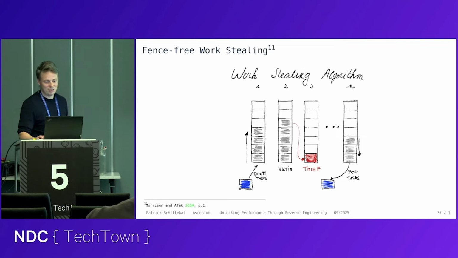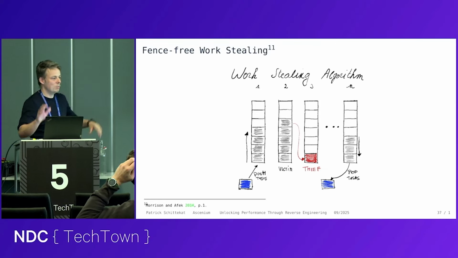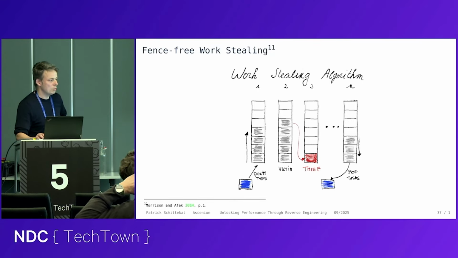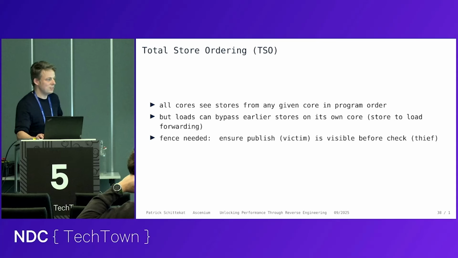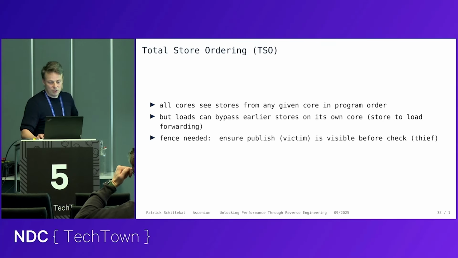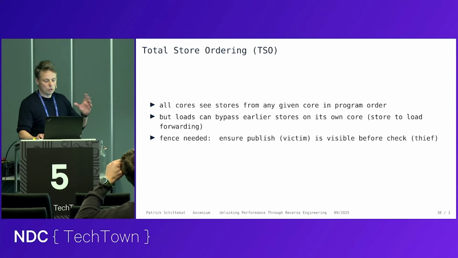I can't explain this in the time that I have, but you can also directly improve work stealing algorithms. Work stealing is a way of balancing jobs across multiple threads. Normally you need to do this with fences, because you want the victim's stores to be seen by the other thread on time.